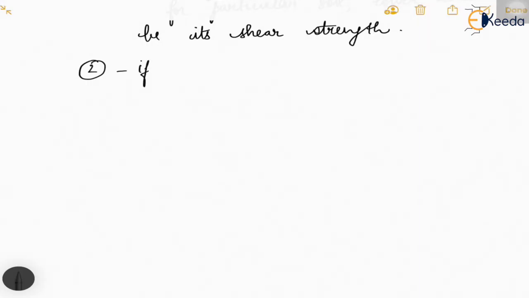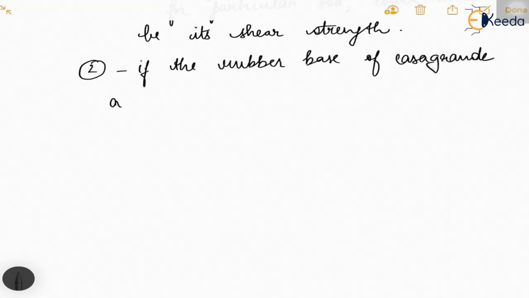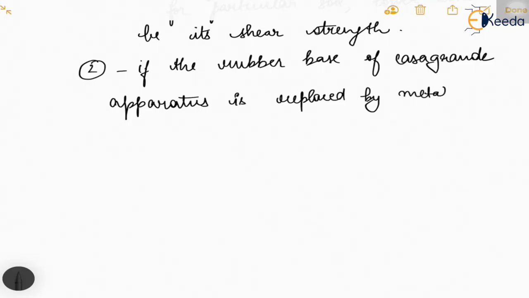The second note states that if the rubber base of Casagrande apparatus is replaced by a metal base, and we consider the difference in the value of flow index, then the flow index IF will increase.